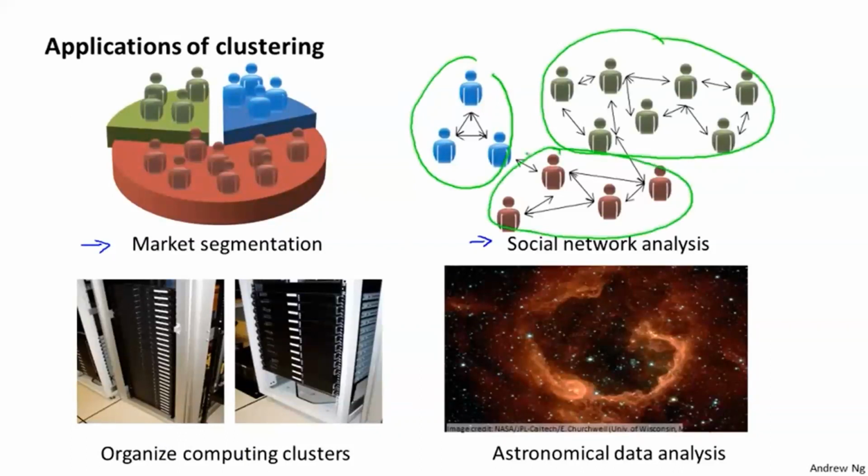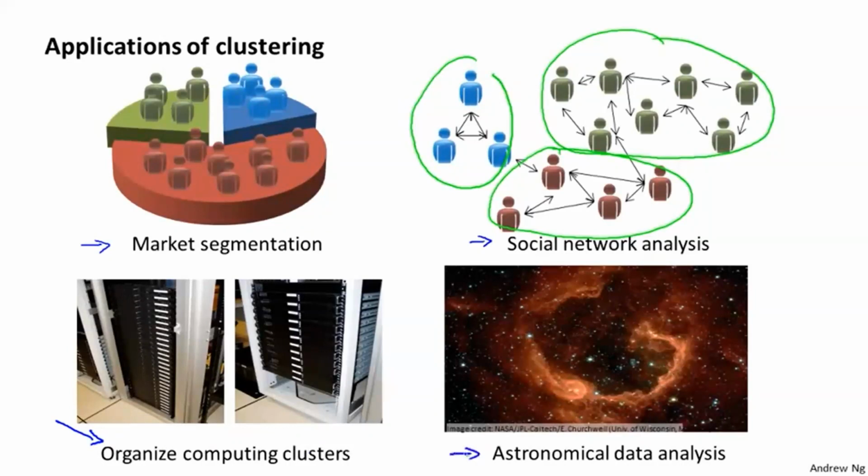So this would be another clustering application, where you want to find who are the coherent groups of friends in a social network. Here's something that one of my friends actually worked on, which is to use clustering to organize compute clusters or to organize data centers better, because if you know which computers in the data center cluster tend to work together, you can use that to reorganize your resources and how you lay out the networks and how you design your data center and communications.